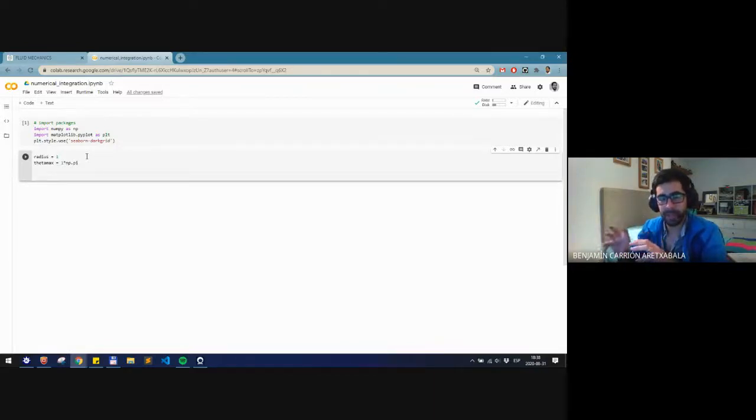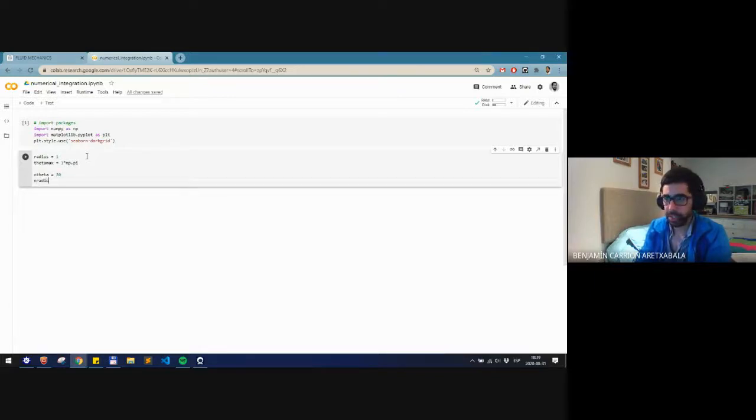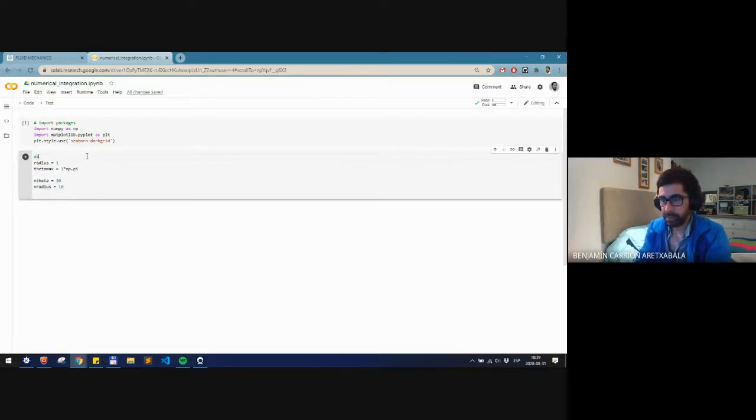This is what you actually have to do in your homework, and how you would normally do this kind of thing. The number of theta pieces we're going to take is 20, and the number of radius splits is 10. These are going to be your parameters.